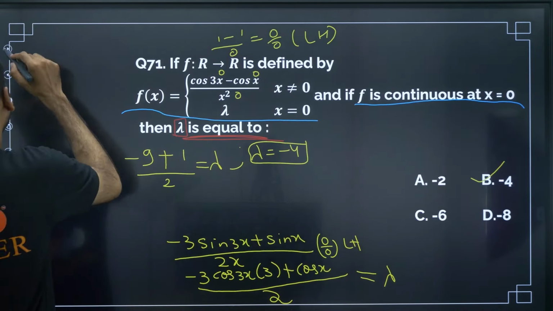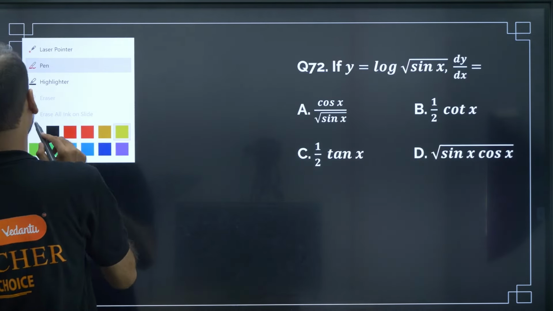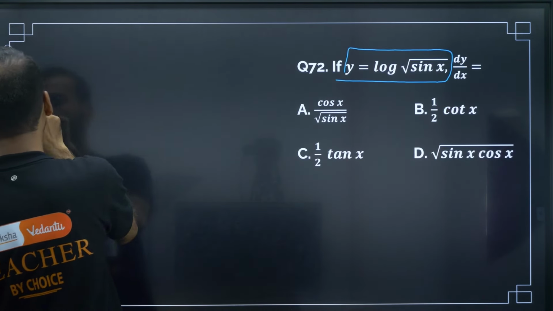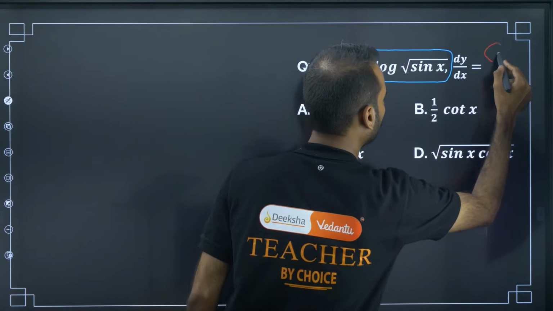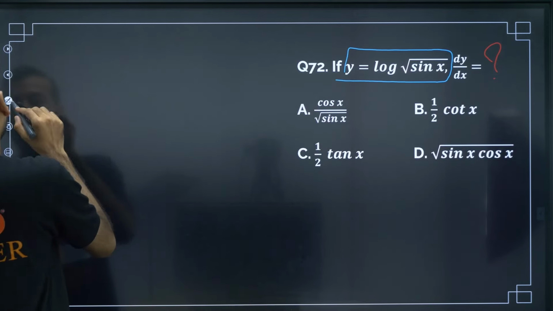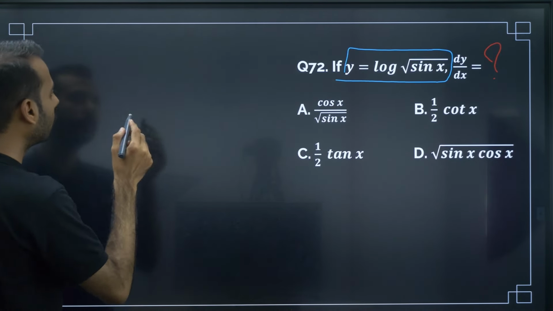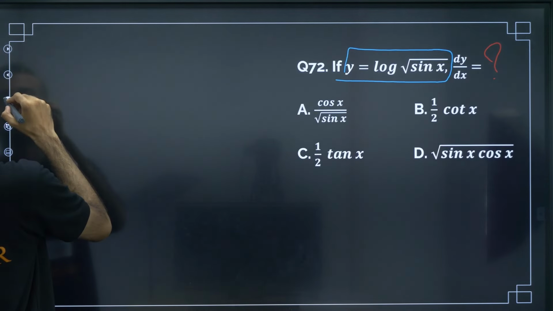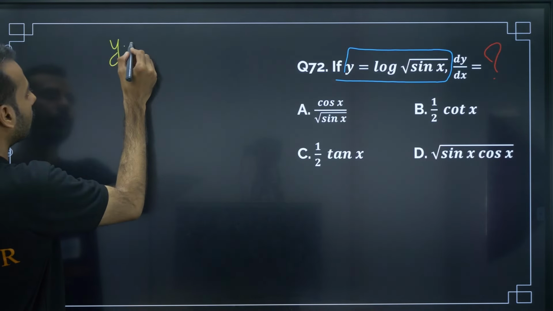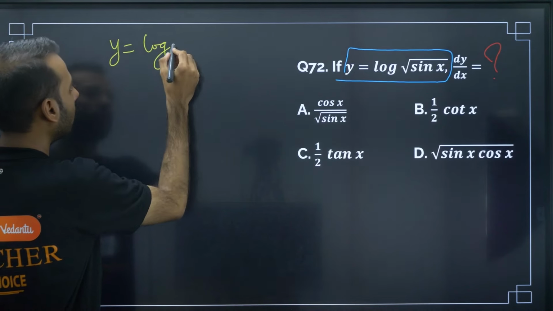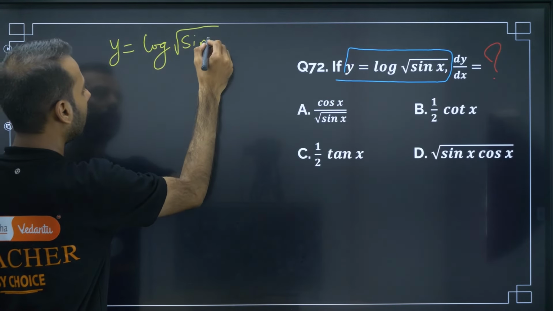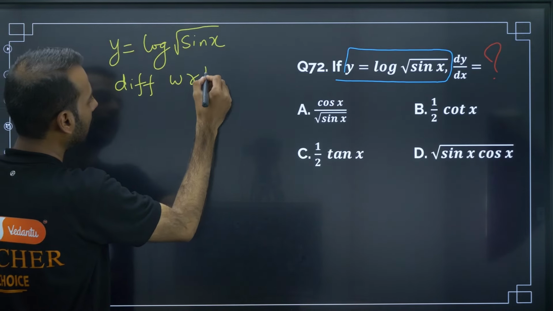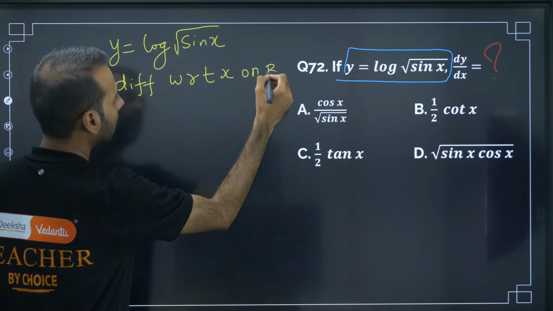Moving on to next question. If y is equal to, they have given some value for y, then dy by dx is equal to what? First let me write that, in exam don't write all this. y is equal to log root of sine x. Differentiate with respect to x on both sides.